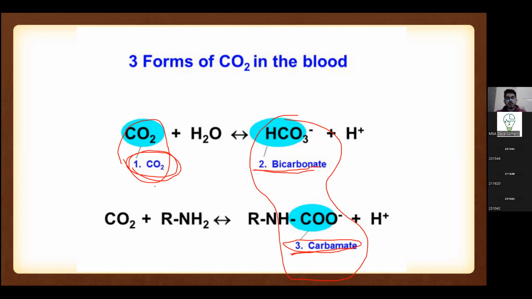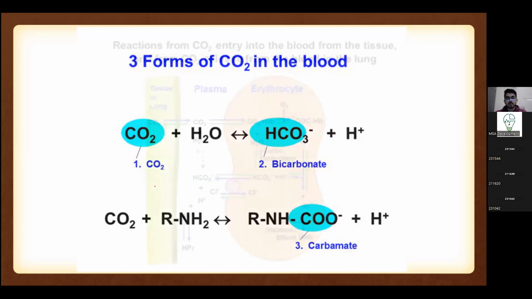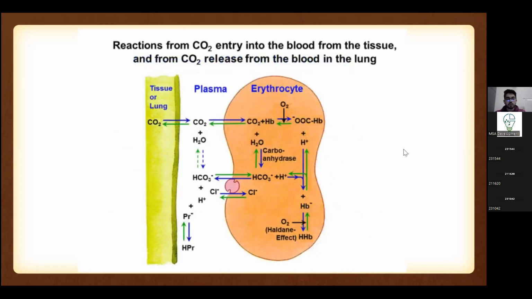What about bicarbonate and carbamate? Let's start first of all with bicarbonate. CO2 from the organs is going to diffuse to the erythrocytes and plasma. CO2 is produced in the organs due to its normal functions, such as the Krebs cycle, fatty acids and these things.